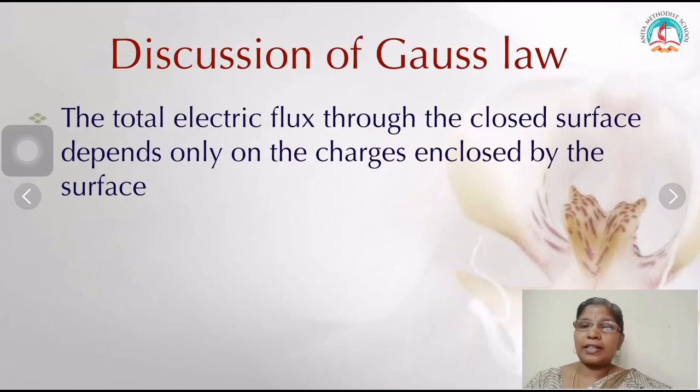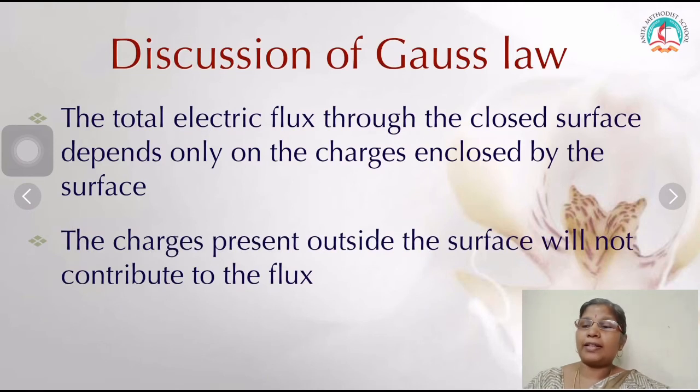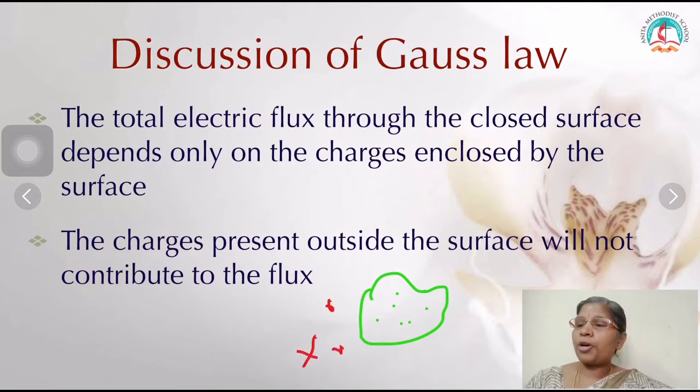Okay. What are the things you want to remember when calculating the electric flux using Gauss law? First, the total electric flux through the closed surface depends only on the charges enclosed by the surface. Only the charges inside contribute; the charges present outside won't contribute to the flux calculation.